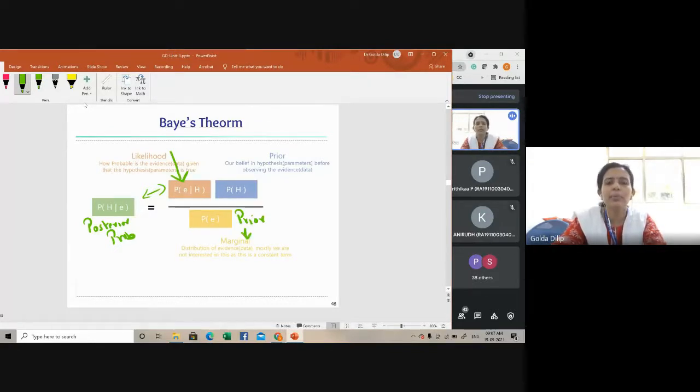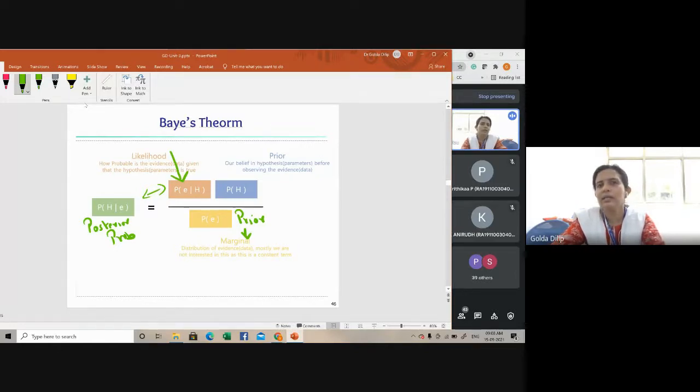P of H is the prior probability. Likelihood probability is how probable the evidence is given that the hypothesis is true. Prior probability is the belief in the hypothesis or the parameters before observing the evidence.